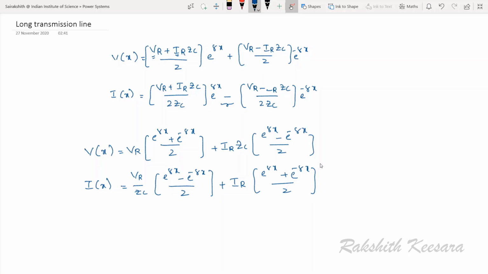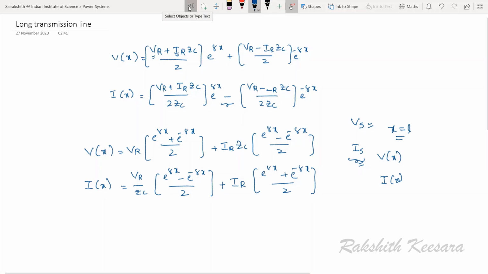But if I need to represent these equations in terms of ABCD parameters, my left hand side should be Vs and Is, right? To obtain this, I need to substitute x is equal to L. If x is equal to L, then V of x and I of x will become Vs and Is.